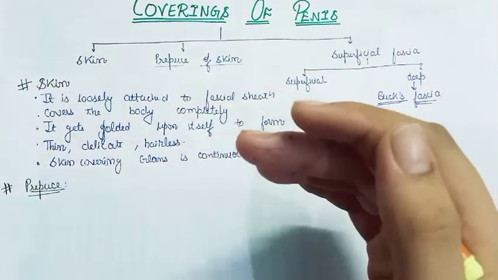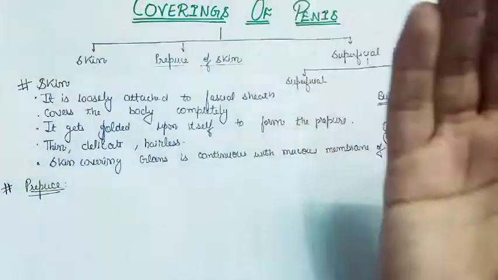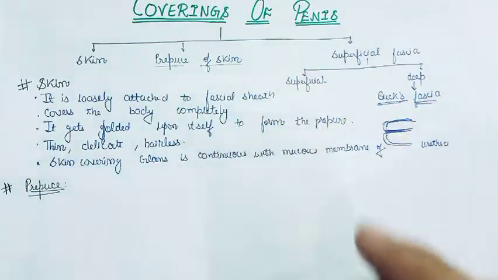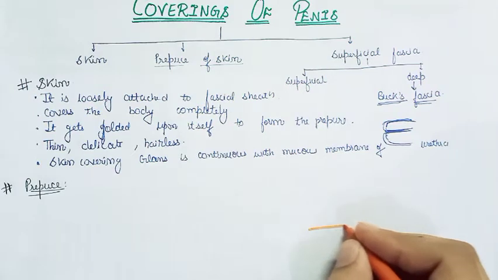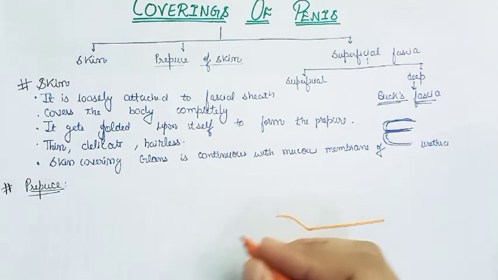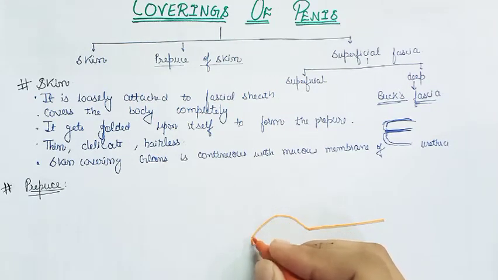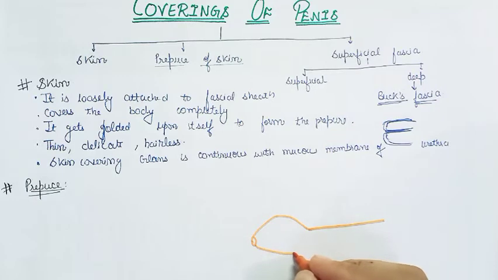So what we are going to draw is a sagittal section through the different parts of the penis. Let's start with the corpus spongiosum, which gets modified into the glans. The glans has an opening, the external urethral meatus.